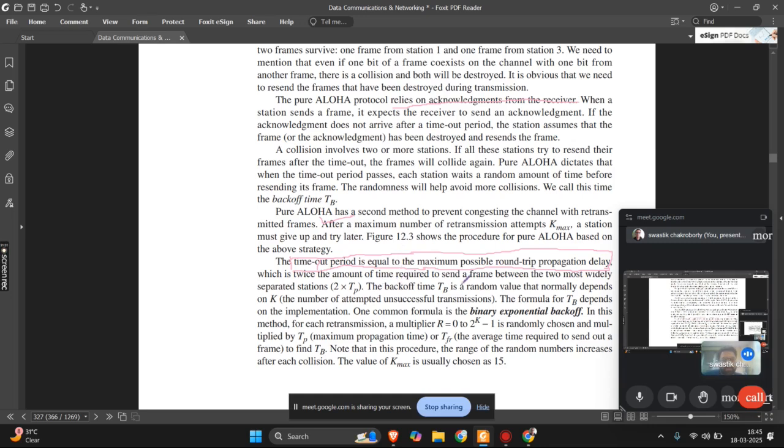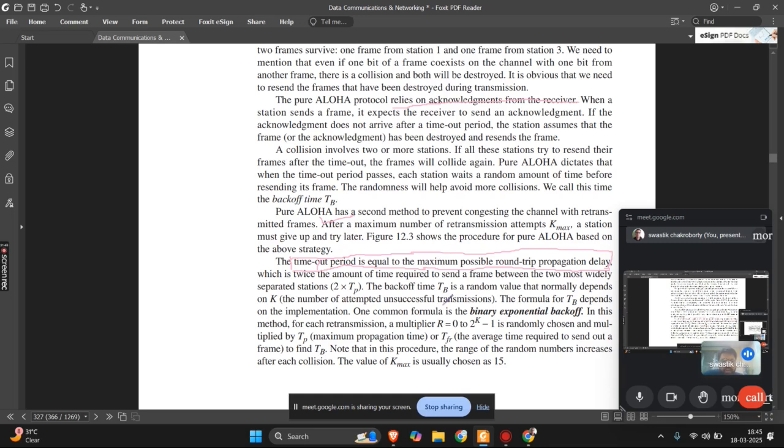This is the round trip propagation delay, which is twice the amount of time required to send a frame between the two most widely separated stations. So you take the maximum possible round trip propagation delay, which is basically the two users that are farthest apart.